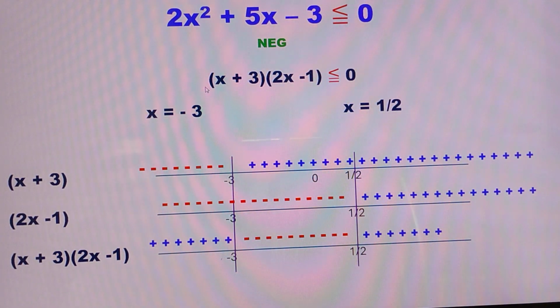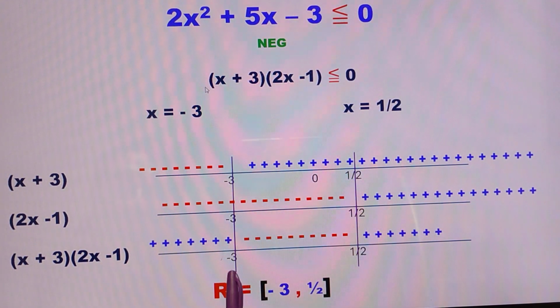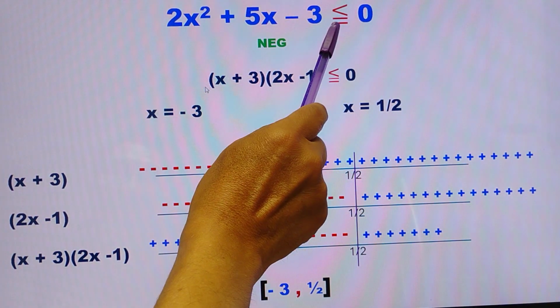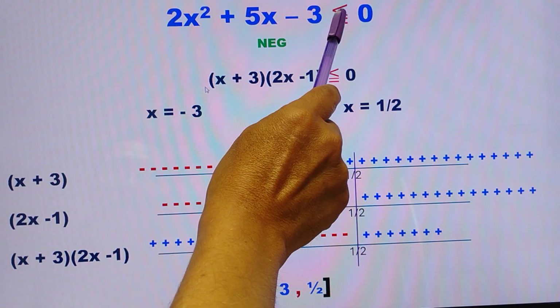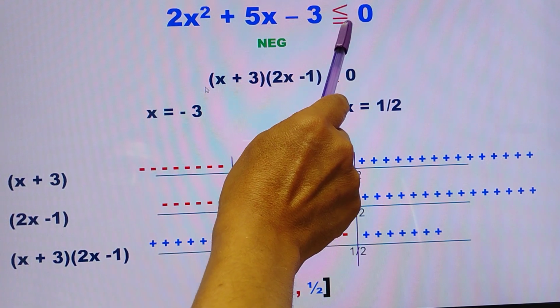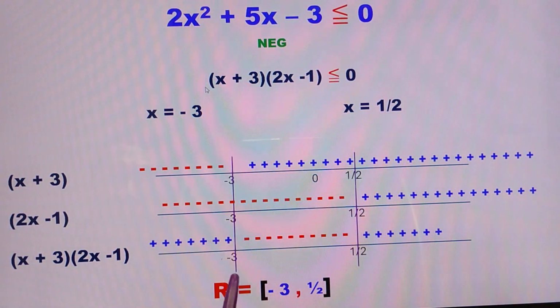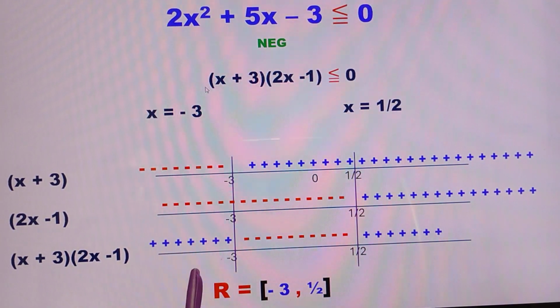And in this case, for notation, because we need to include minus 3, why do we need to include minus 3? Because the original expression says less than or equal to 0. So we need to include the frontier value, that is minus 3.